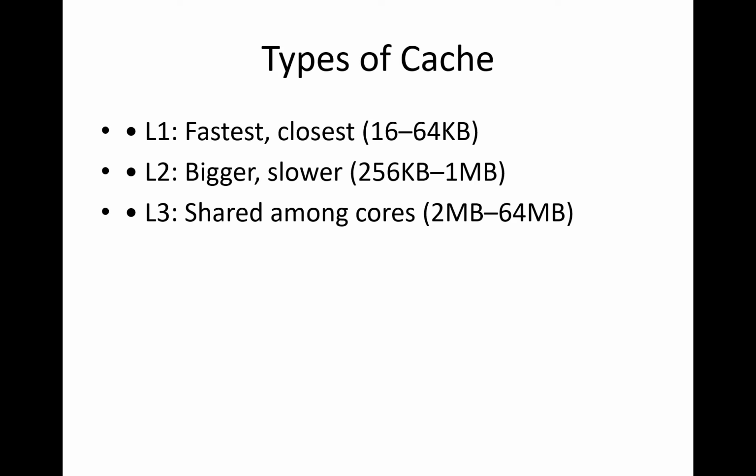It's a bit bigger, but also slower than the L1, with a size of around 256 kilobytes to 1 megabyte. And then we have the L3. It's shared among multiple cores, and it is the largest and slowest of the three. This level ensures a balance between speed and size.